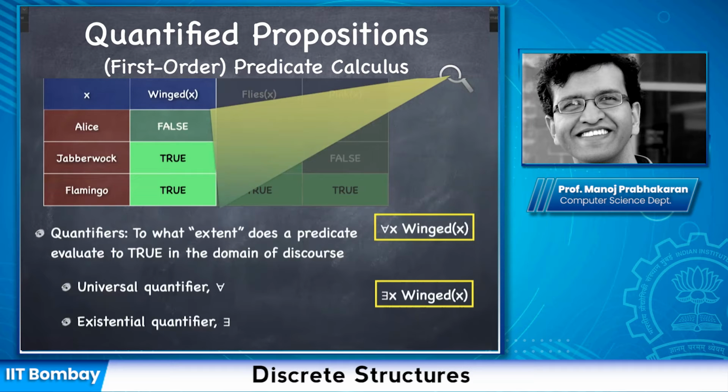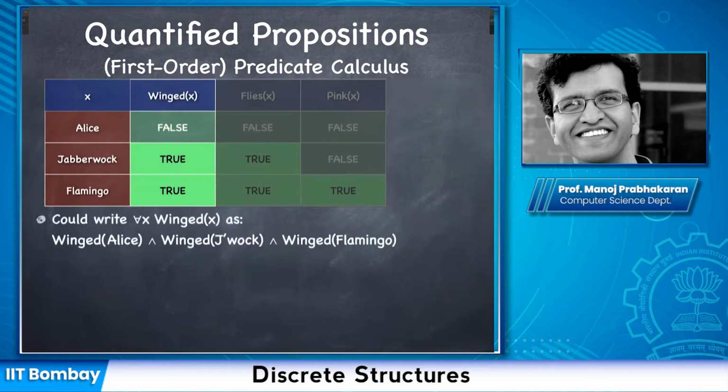So for us, the only quantifiers of interest, and this is the case for predicate calculus, would be for all and there exists. Okay, so I said we needed this new vocabulary so that we can make these statements. But there's another way we could have made the same statement.